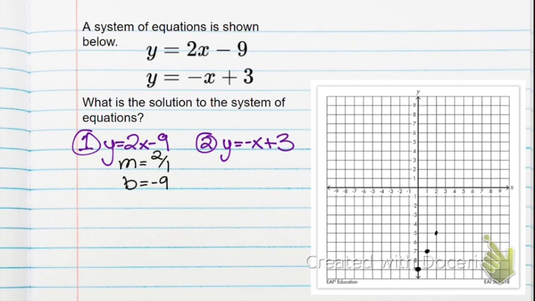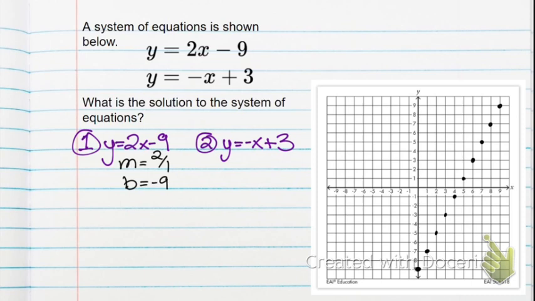I'm going to do that like we did before until I run out of graph, so I graph the remainder of my dots. Okay, now my first line is graphed.